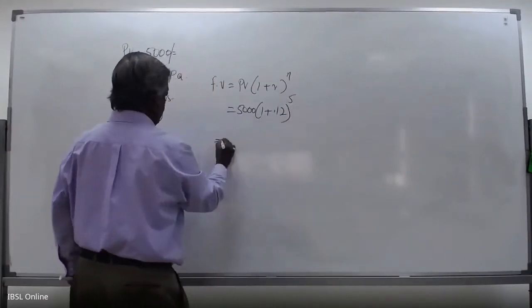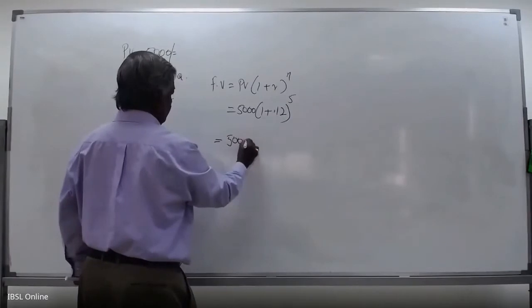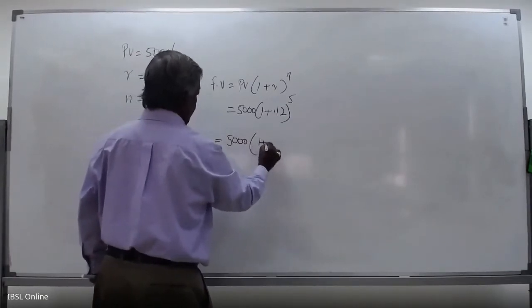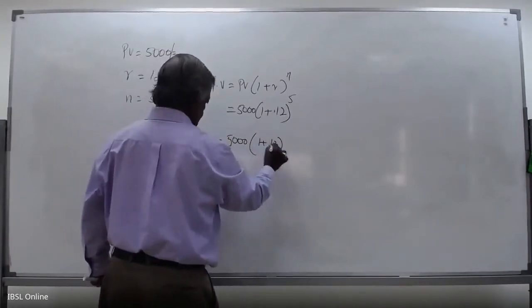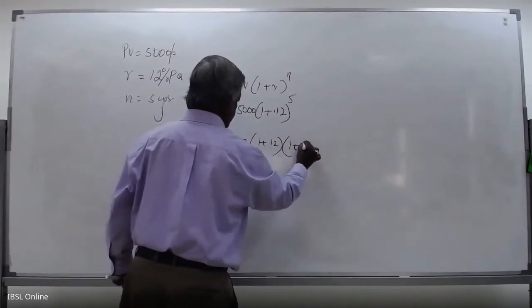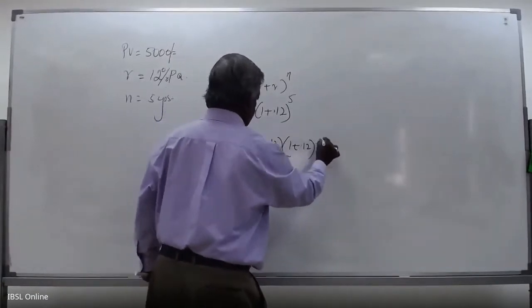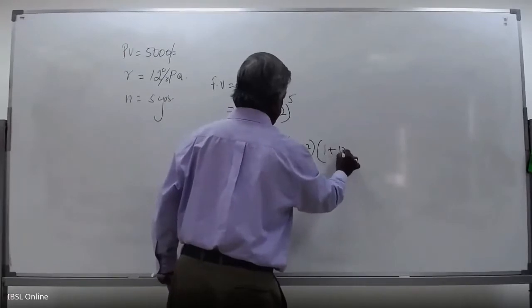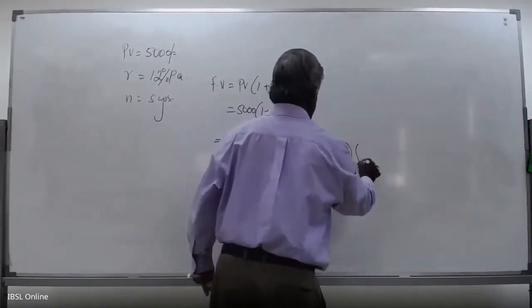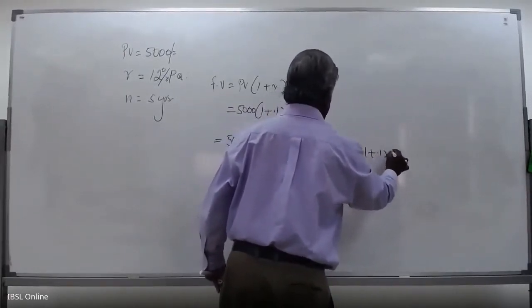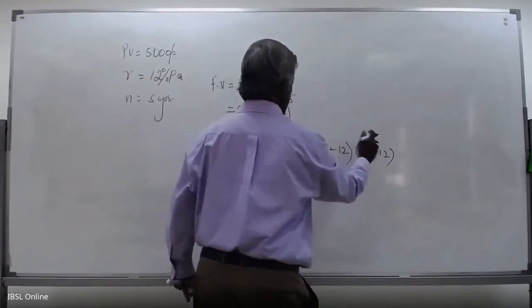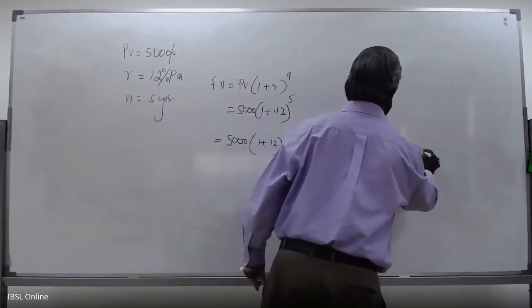So this is equal to 5,000 into 1 plus 0.12, into 1 plus 0.12, into 1 plus 0.12, 1, 2, 3, 4 into 1 plus 0.12.